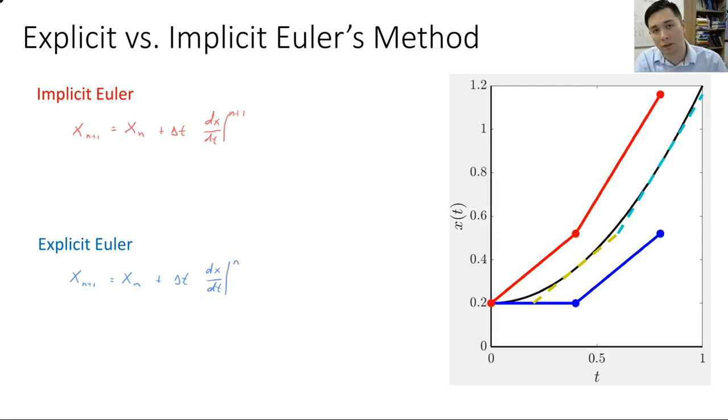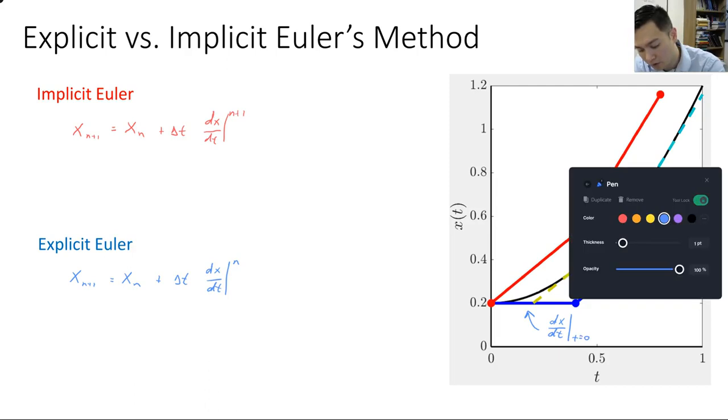So graphically, what this corresponds to is taking a step at a particular slope. And so for our explicit, this step is taken at our slope dx dt evaluated at t equals 0.